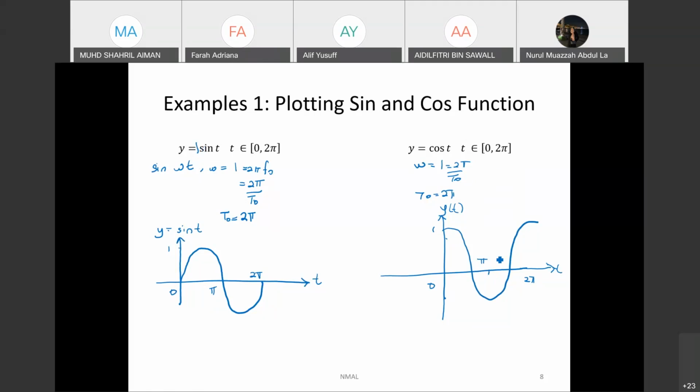So when plotting, we just need to plot the whole duration. If you put the t naught here, we know that your plotting is correct. Make sure you label the whole t naught, the duration here. So that is the basic of plotting.